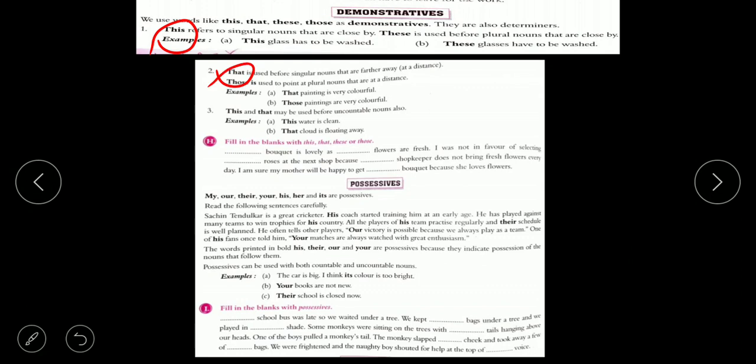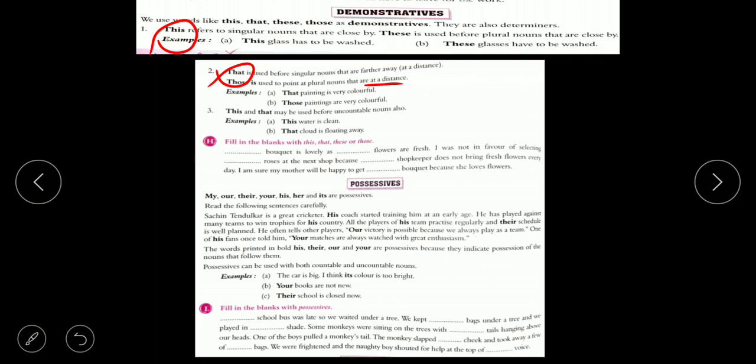This is used for things that are close by and that for things that are farther away. Similarly, these is used before plural nouns that are close by.